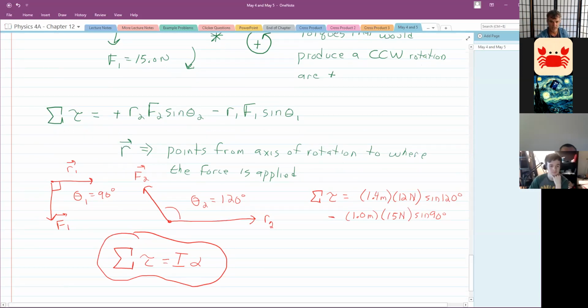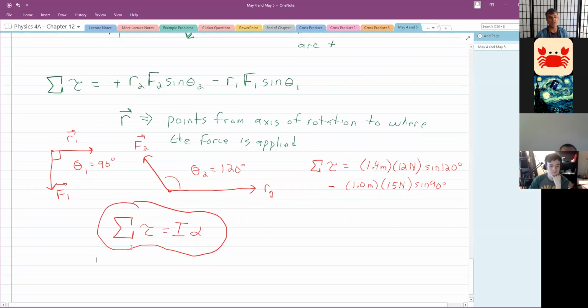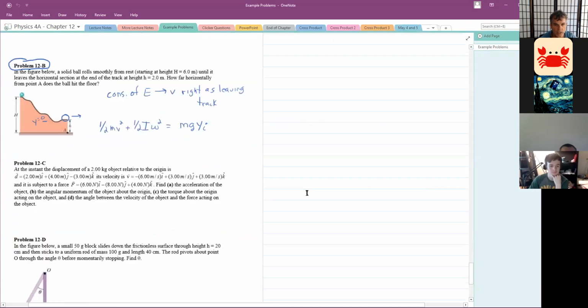For Newton's second law of rotations, I would use the sum of the torques to figure out the angular acceleration. And then from the angular acceleration, I could tell you how quickly it's rotating after accelerating for some period of time.